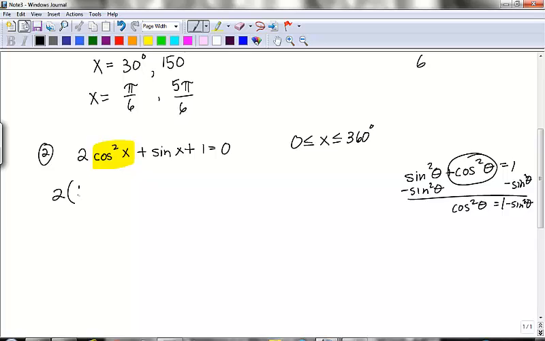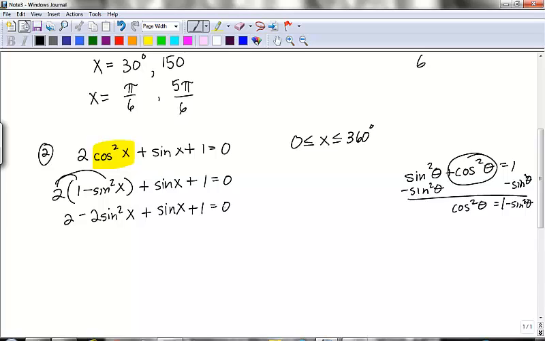So I can put in 1 minus sine squared, except we're using an x, plus sine of x plus 1 equals 0. Okay, distribute the 2. So I get 2 minus 2 sine squared x plus sine x plus 1 equals 0.